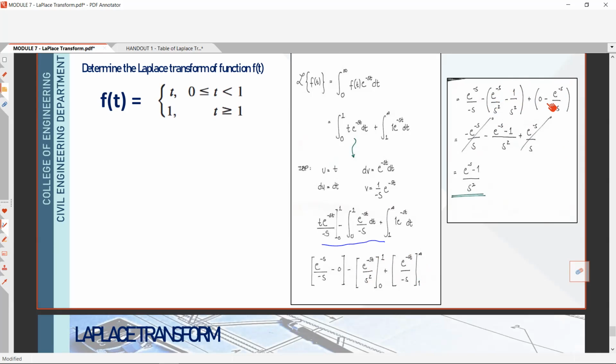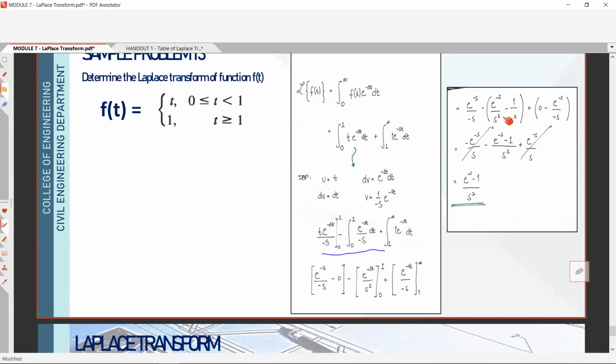Now this will cancel, see? e raised to negative s over s, simplify: negative e raised to negative s over s. Cancel, cancel. What is left is e raised to negative s minus 1 over s squared. They combined the terms since they have the same denominator, so you can add the fractions. That is equivalent to e raised to negative s minus 1 over s squared.